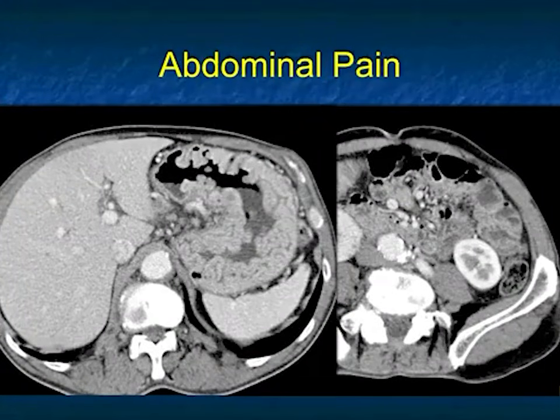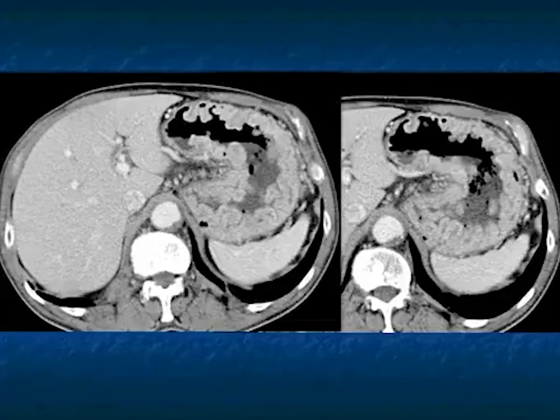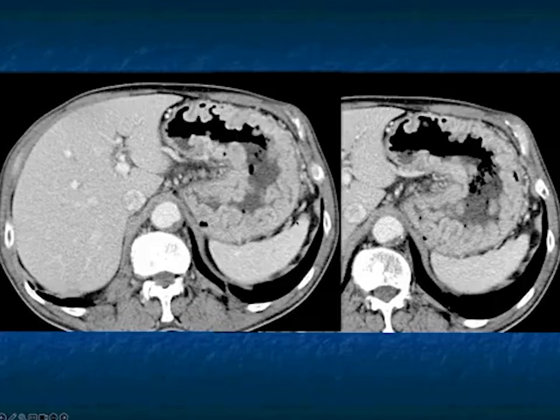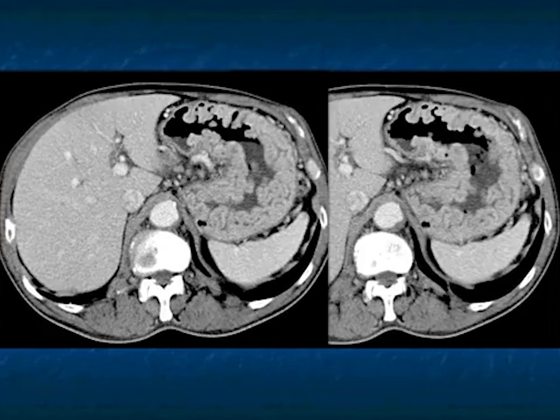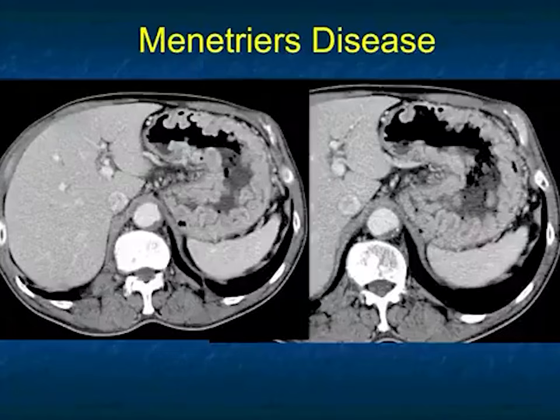Markedly thickened gastric fold. That's a lot of gastric fold thickening. It's the most impressive appearance you're ever going to see. And when you look at the prominences anteriorly, it kind of almost looks like a cross section from a head CT. And I'll tell you why that's important in a moment. Again, lymphoma, severe gastritis, bad carcinoma, but what else could it be?